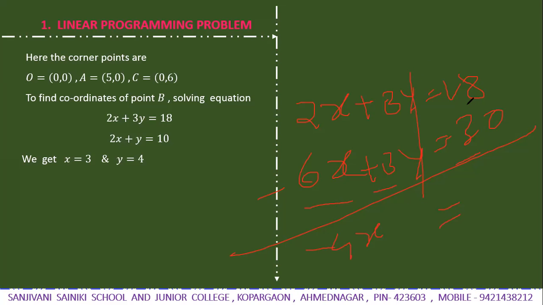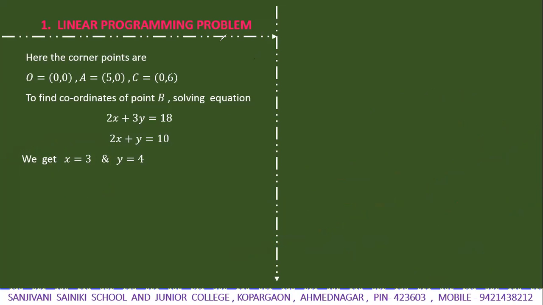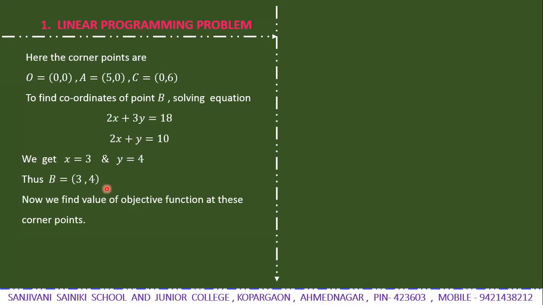Then 18 minus 30, what you will get? You will get minus 12. So minus 4x is equal to minus 12 implies x is equal to 3. Now put x is equal to 3 in any one of these equations. You will get the value of y. So we get the coordinates of the point B.